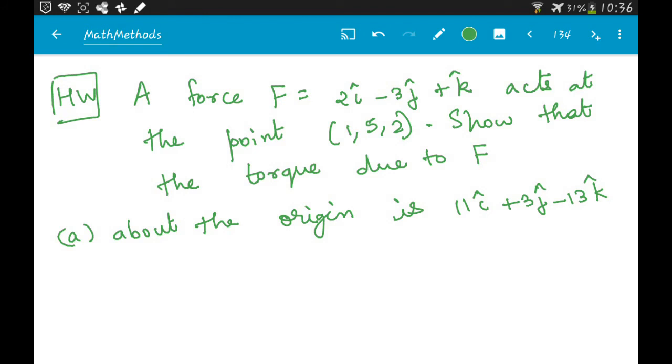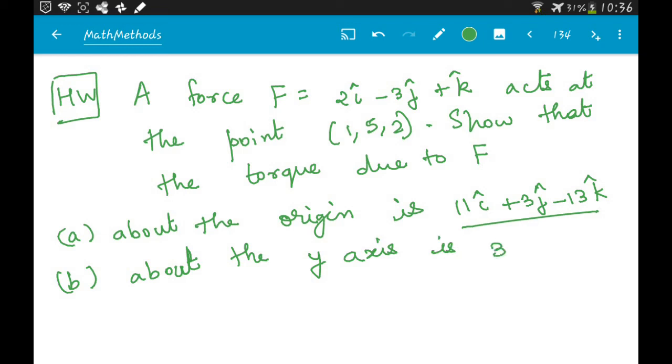So you have to show that the torque about the origin, and the formula for the torque is R cross F, so you have to show that R cross F is this. B, about the y axis it is 3. About the y axis, we have already done a similar problem in this video lecture where we talked about torque about the z axis. So similarly you have to do the torque about the y axis.